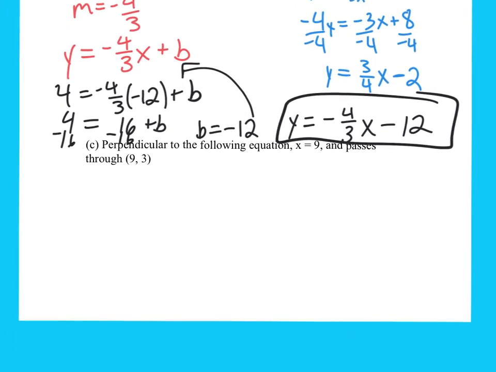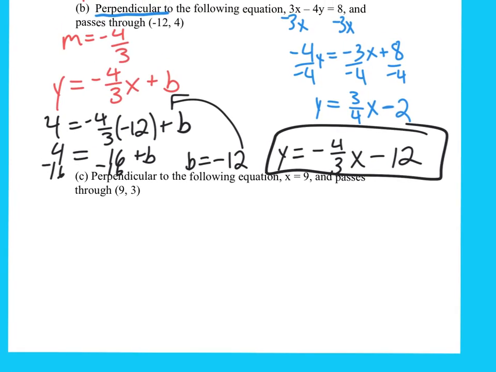We got another one. Skipping ahead. Good deal. It is x equals 9. I want a line that's perpendicular to a vertical line. What's that going to be? So this one's going to be an undefined slope. So if my line looks like this, and I want a line that's going to cross it, what's the opposite of a vertical line?